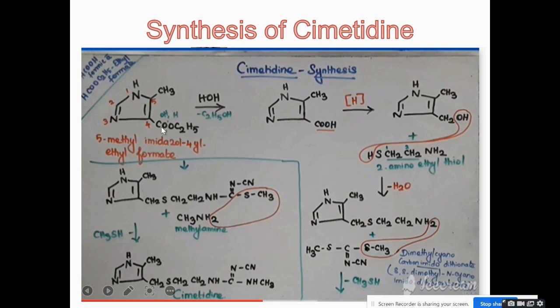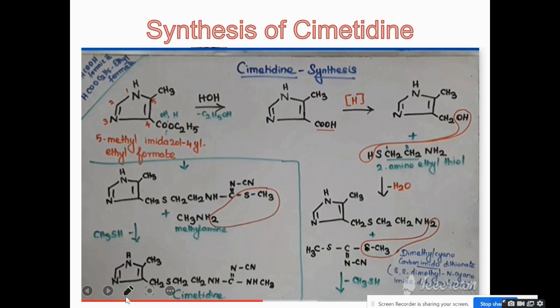What is formate? Formate is COOH, so H is replaced with an ethyl group, so ethyl formate at the fourth position. This precursor reacts with water, or the first step undergoes a hydrolysis reaction. So when the hydrolysis reaction takes place, we get an intermediate, that is imidazolic acid, 5 methyl imidazolic acid.